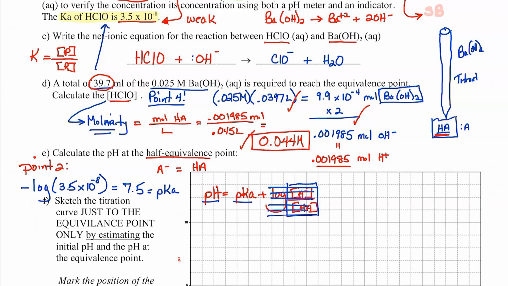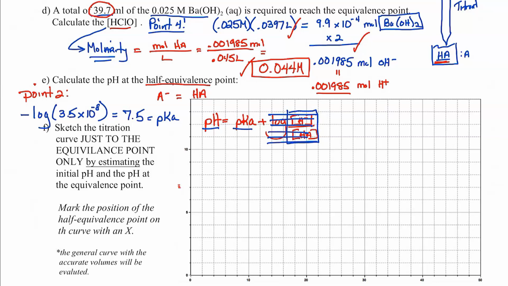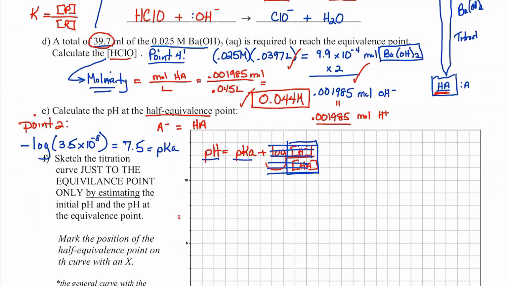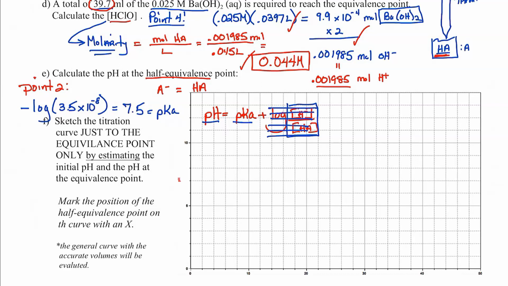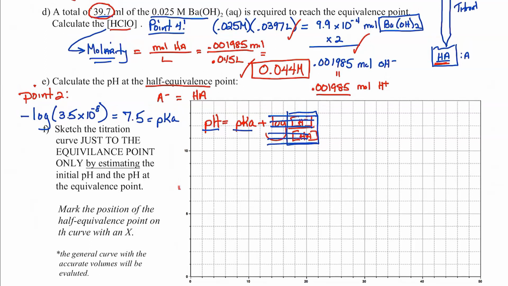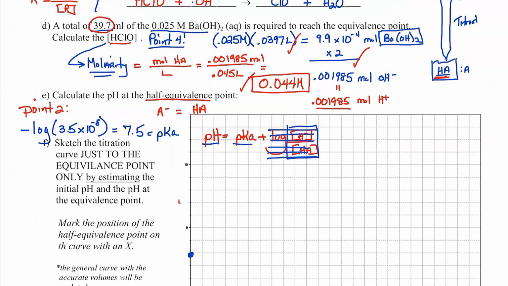All right. So now F, we're going to sketch this titration. All right, and we're just going to do it by the equivalence, by estimating the initial pH. Well, what are we starting with in the beaker? Okay, we're starting with an acid. Now, it's a weak acid, so I won't start low, but I'm going to guess you can't calculate this without an equilibrium problem. So I'm just going to give you an estimation, and anything works for me that's below the half equivalence point.